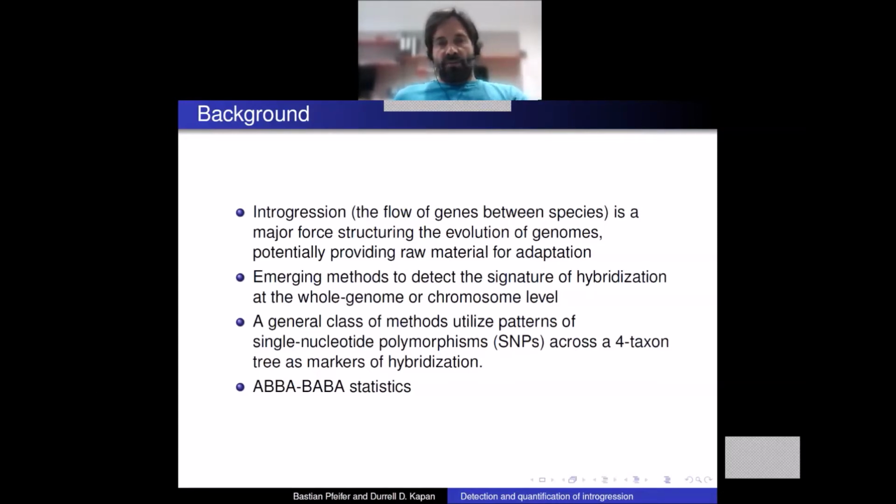A general class of methods utilizes patterns of single nucleotide polymorphisms for taxon trees, where you have three populations and one outgroup. The most popular family of statistics are the ABBA-BABA types of statistics, and we will concentrate on this type of statistic.